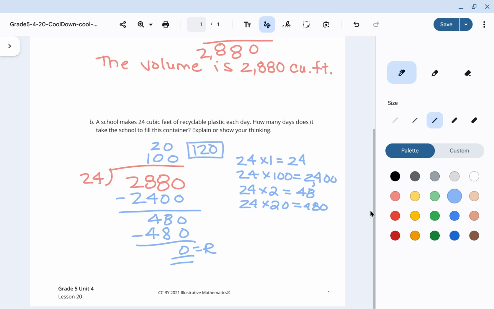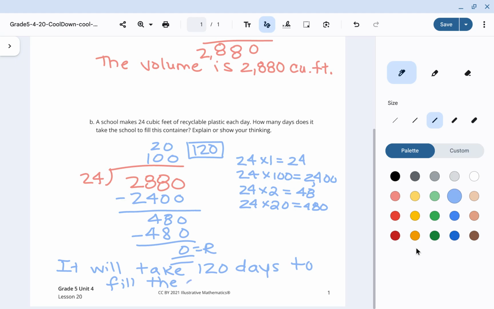Now, let's take that on back to exactly what that means in context of our problem, and that is related to the days, right? So down below on the bottom, I'm going to write a simple statement that says, it will take 120 days to fill the container.